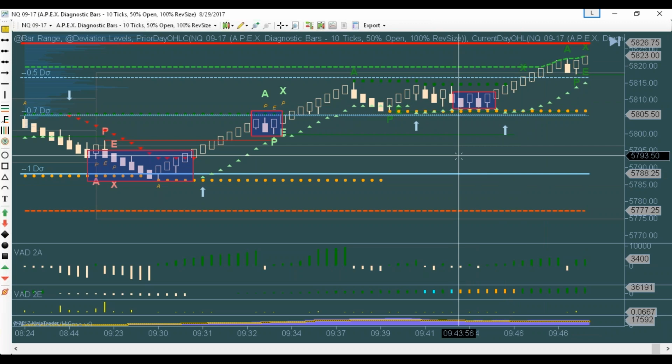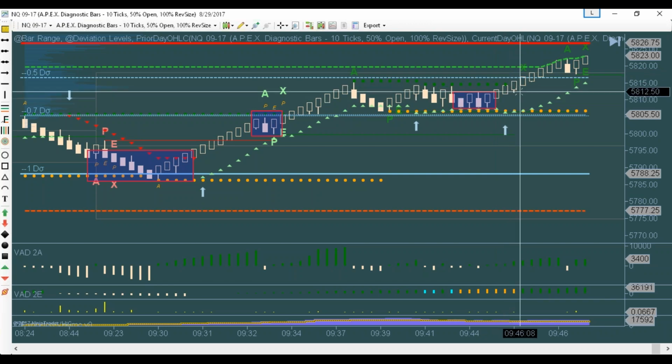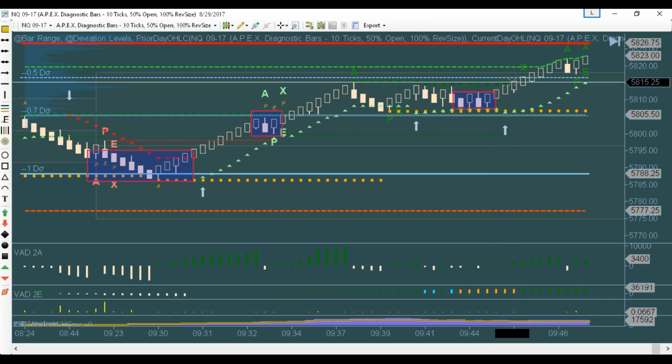Okay. Now, oh shucks, I was busy doing something else and I missed that trade. What do I have on the breakout? 1, 2, 3 bars later. Sling. See that?